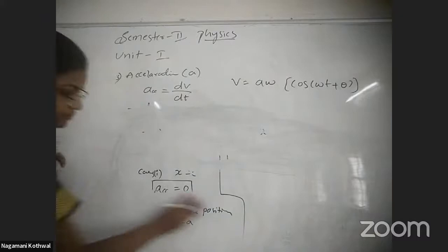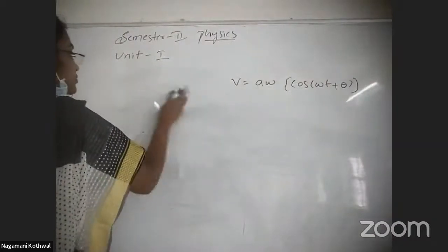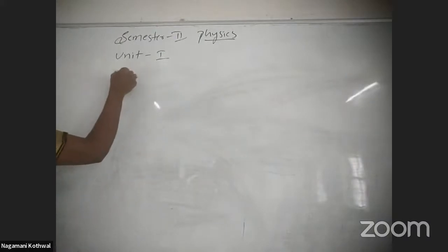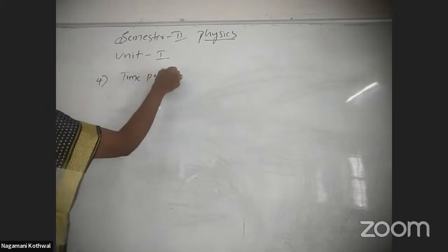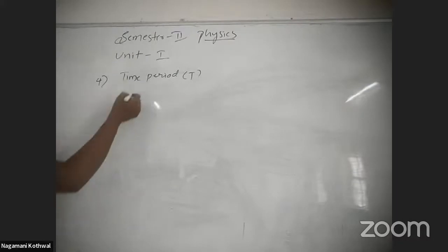The next characteristic is the time period. Only 5 characteristics will be there. Actually, whether I explain or not, you can understand this, so I'm giving you the direct formula.